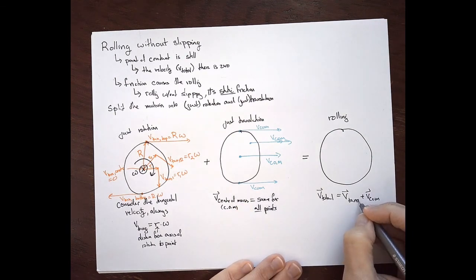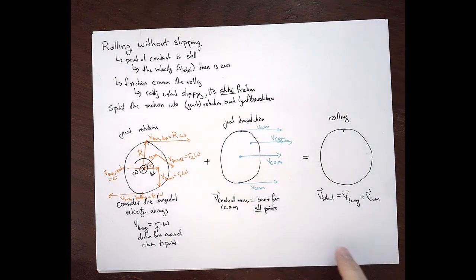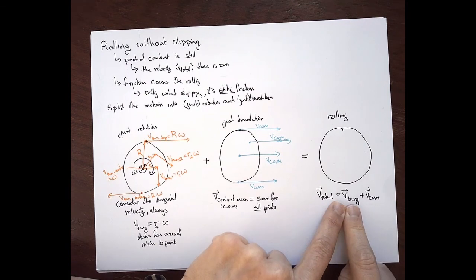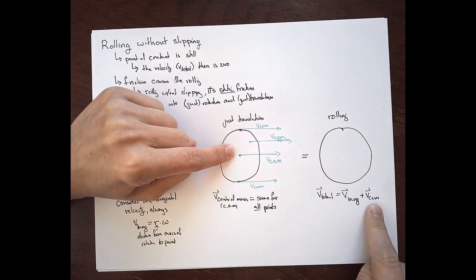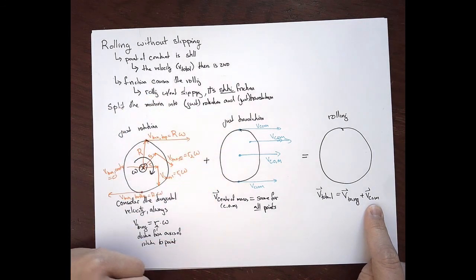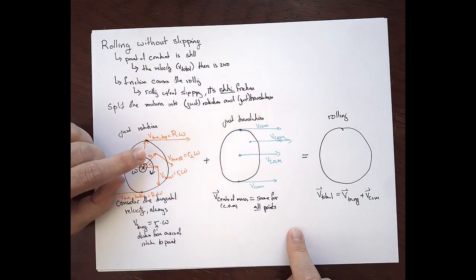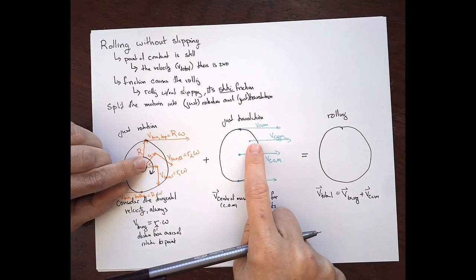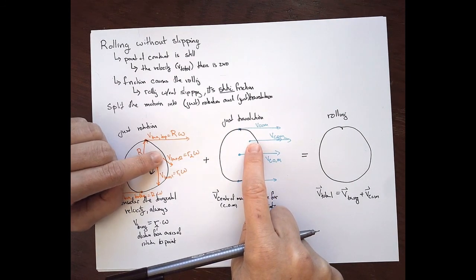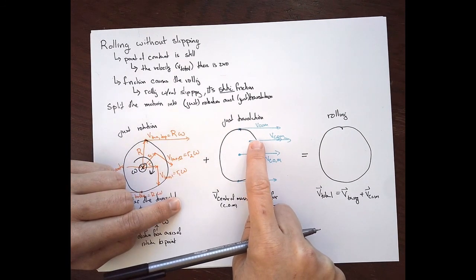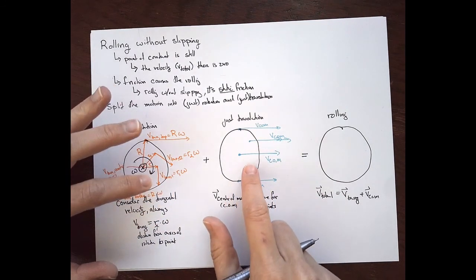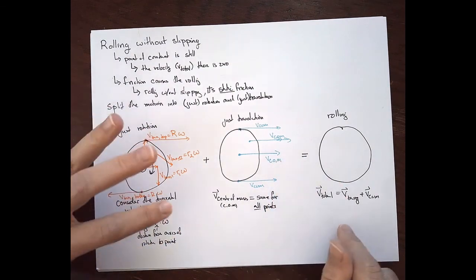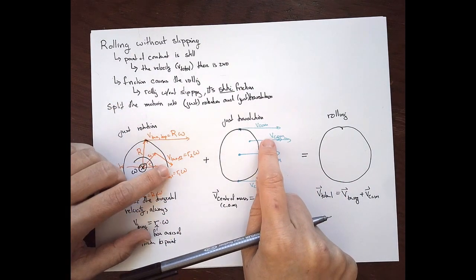Oh, sorry, I misspoke. The total velocity is going to be the tangential velocity over here plus the center of mass velocity from here. And you can see that if we did this for random points, it can get pretty complicated. For example, at this point we've got a tangential velocity that's sort of pointing down, and a center of mass velocity that's pointing off. So the total velocity for that point is going to be the combination of these two.